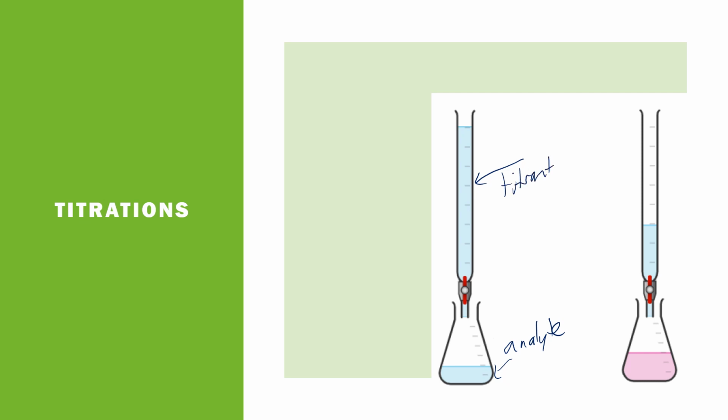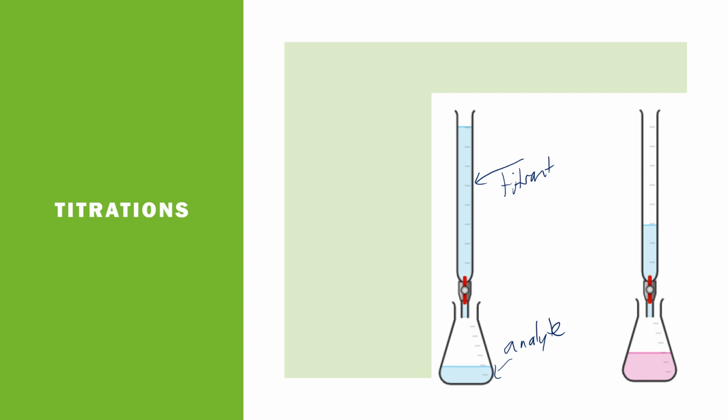Occasionally we'll flip those around, but it winds up being the same procedure where you slowly add some of the titrant into the analyte until you reach equivalence point, or as close to equivalence point as you can get. And sometimes we'll use a color changing indicator to tell us when the end point is met, which is hopefully again close to the equivalence point.